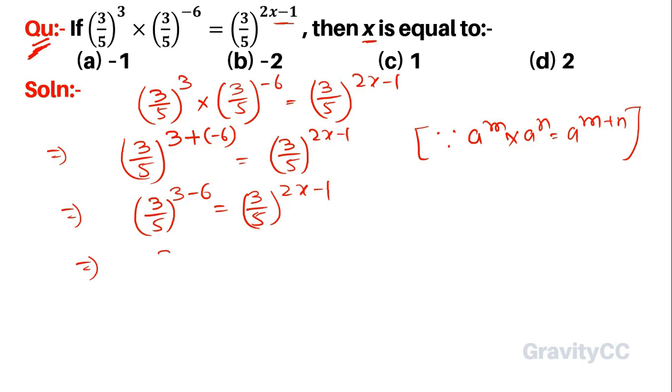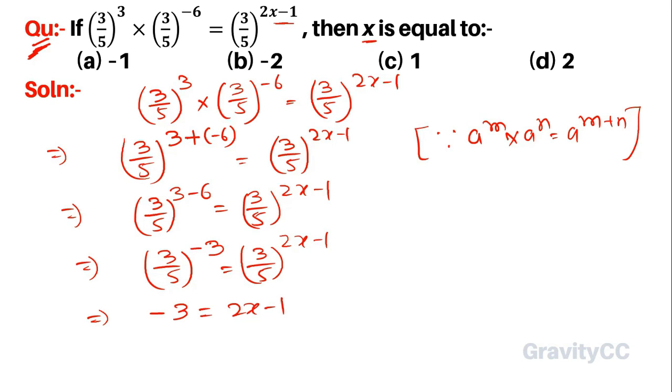So this implies that 3/5 to the power minus 3 is equal to 3/5 to the power 2x minus 1. The base is the same, so the powers will be equal. So this implies that minus 2x is equal to minus 1 plus 3.